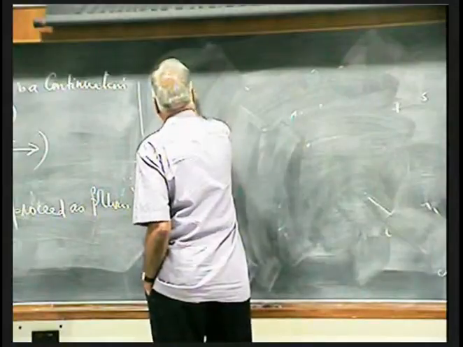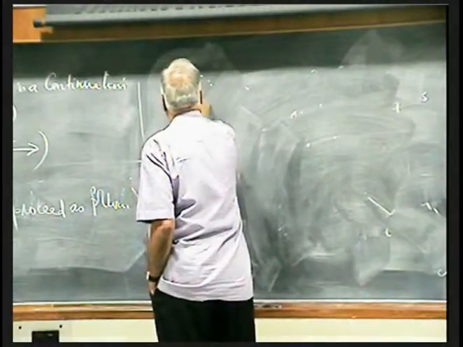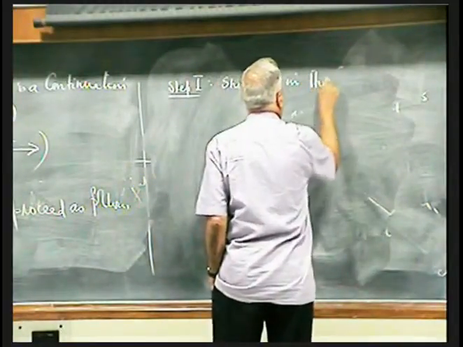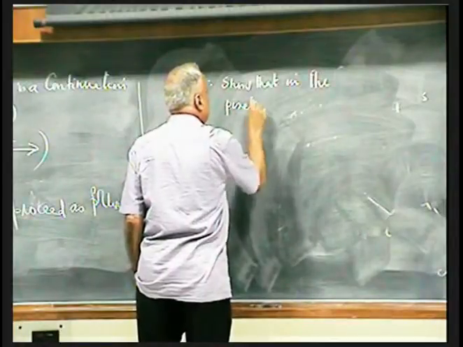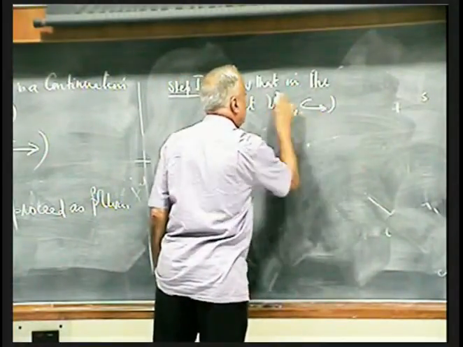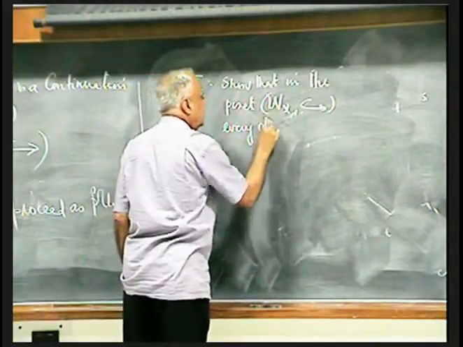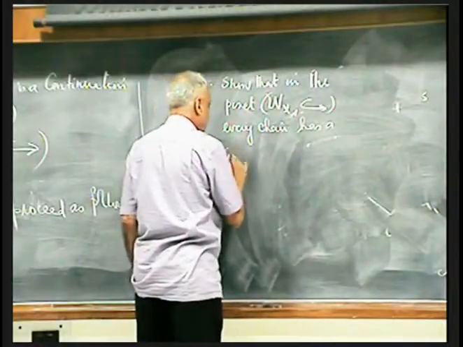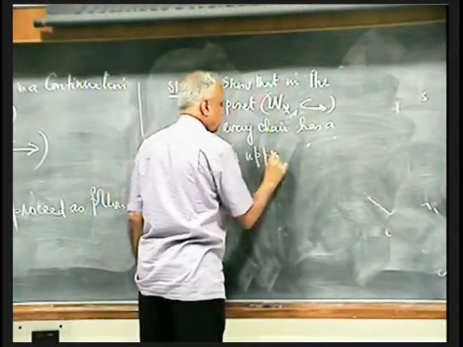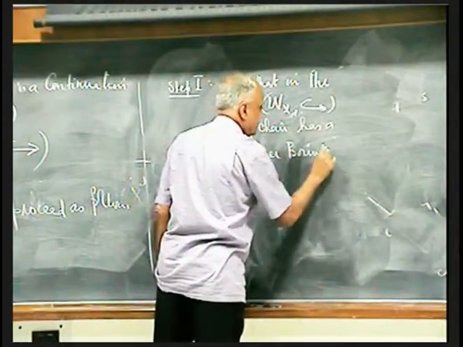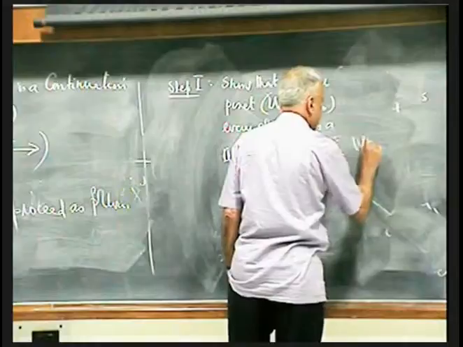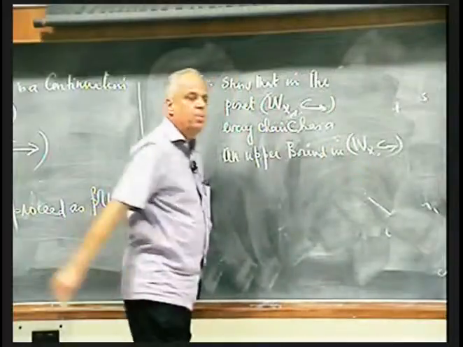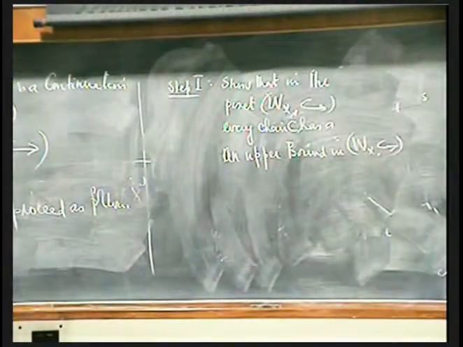One, show that in the poset every chain has an upper bound. The upper bound, every chain C has an upper bound in the partially ordered set.